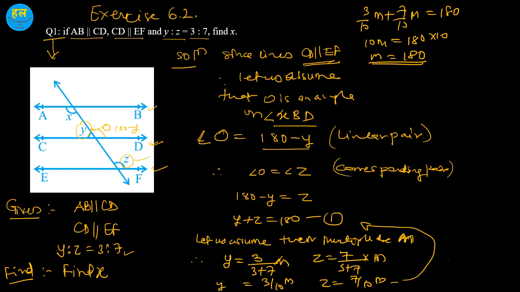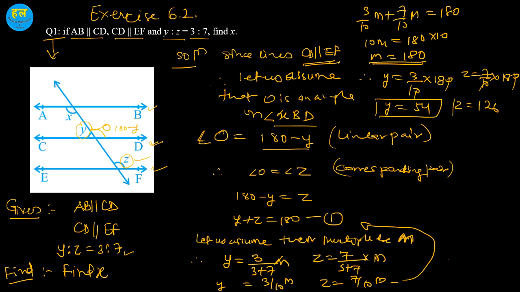Therefore, value of Y will become 3 upon 10 into 180, and Z will become 7 upon 10 into 180. So Y will become 54 and Z will become 126, right? We got the value of Y and Z. Z is 126 and Y is 54.